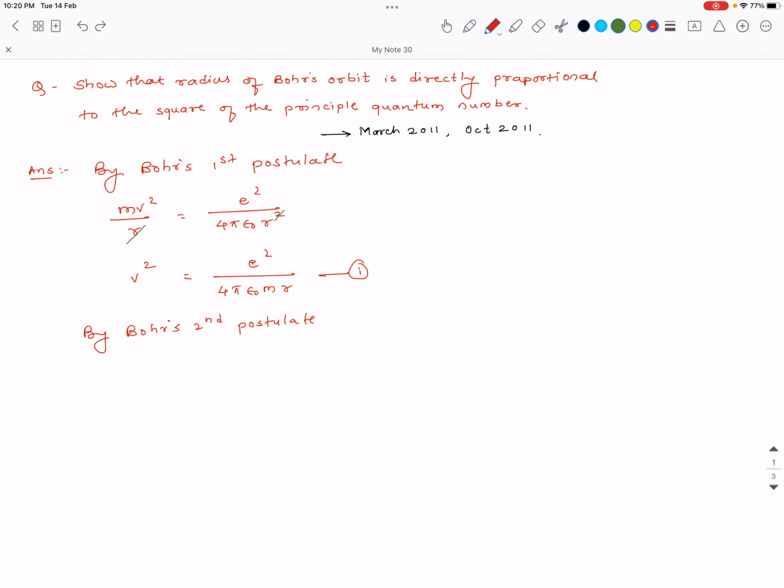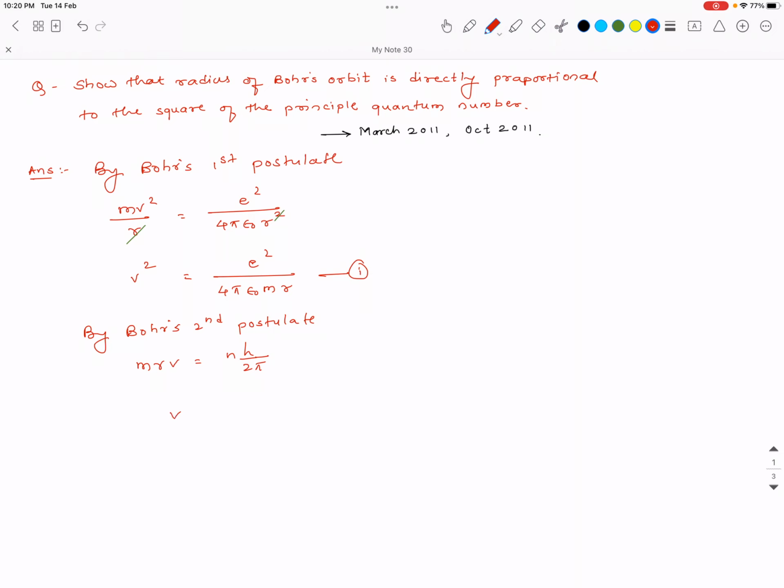But I am writing it for the hydrogen atom, so I am not using Z. Now, by Bohr's second postulate, the angular momentum mvr is equal to nh upon 2 pi. Electrons revolve without radiating energy only in those orbits for which angular momentum is an integral multiple of h upon 2 pi.